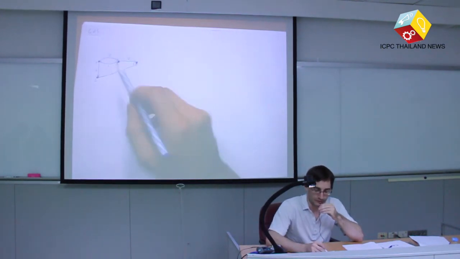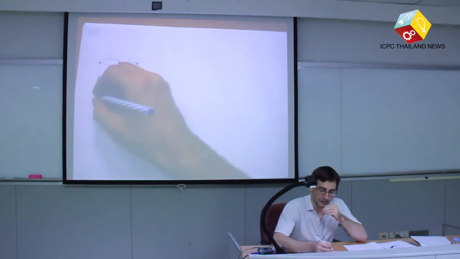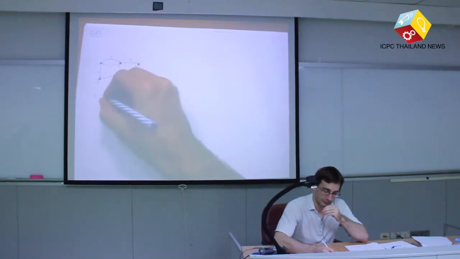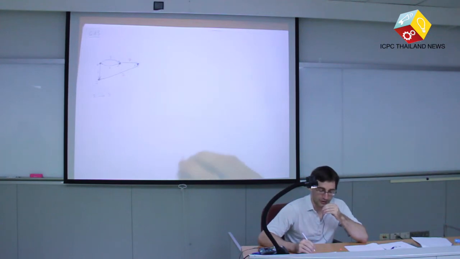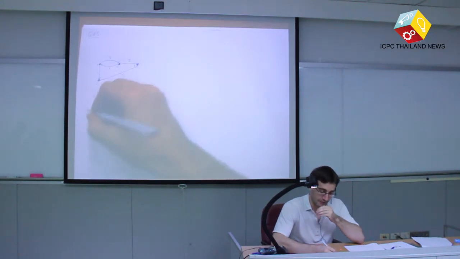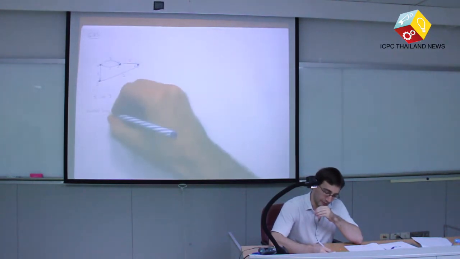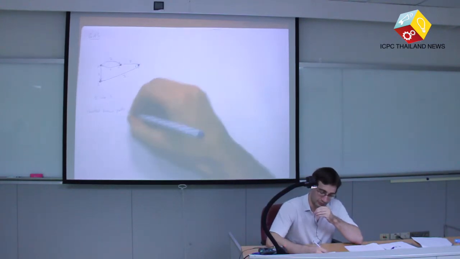Okay, so I've drawn the graph already to save some time, and we are trying to find the shortest path from node 2 to node 3. What we are going to do for this question is update three things. We are going to keep a list of the shortest known path from 2 to each node.